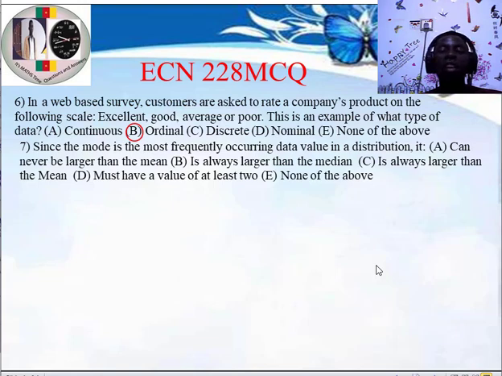Okay guys, the relationship between the mean, mode, and median is determined by the data that we have at hand. There is no particular relationship that we have between them. At times the mean, the mode, and the median are the same. At times they vary. At times it's less than, at times it's greater than, at times it's equal.